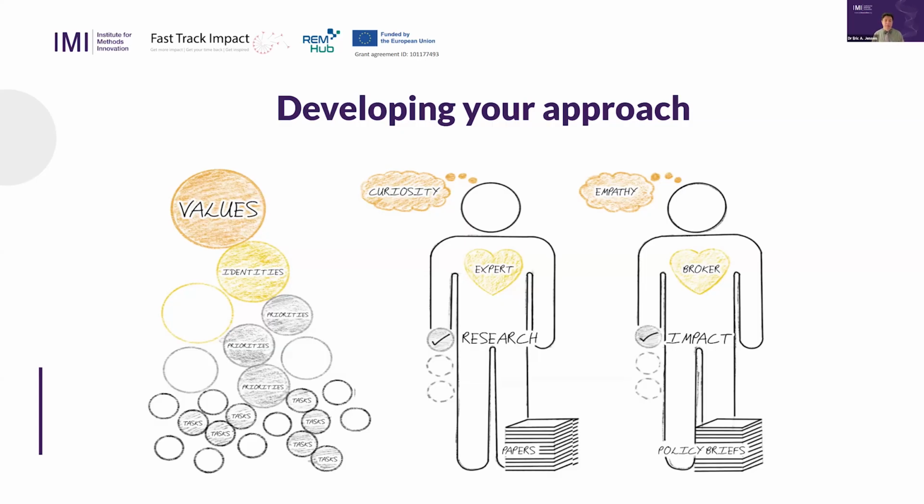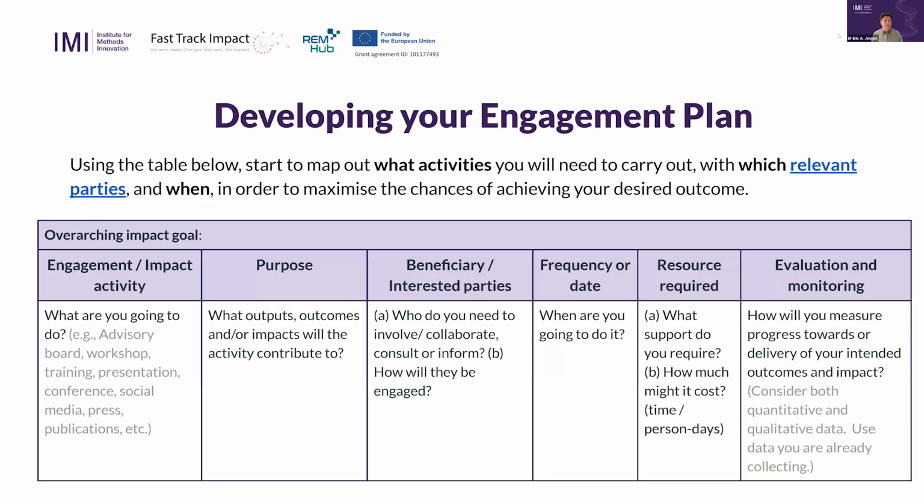How does this connect up the various things that I'm aiming to achieve? So I'm doing this work to develop impact. How do I connect up with these individuals, groups, organizations in terms of my impact approach? So when you're developing your engagement plan, this is another resource we have on the Fast Track Impact website. So you can see right in the middle, we have relevant parties as a key element of engagement planning.